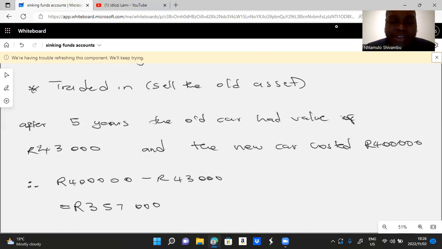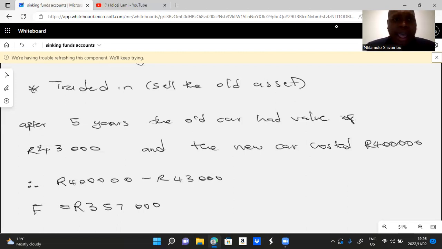It's the money that the company does not have right at the present time. It needs to raise this particular amount of money in order for them to purchase the new car in 5 years' time. So this becomes the future value amount, which is the F, and then we call it the sinking fund amount. So that is what sinking funds is all about.